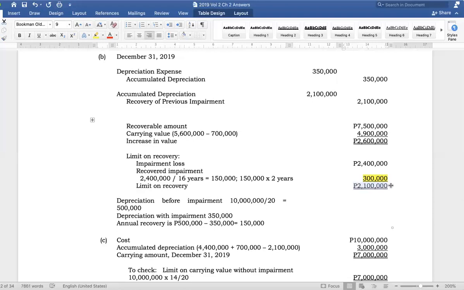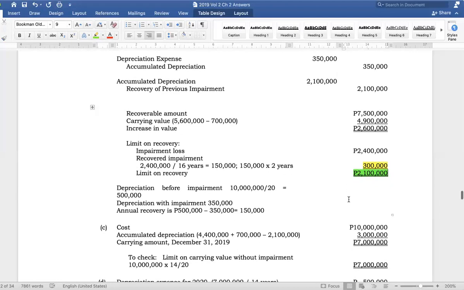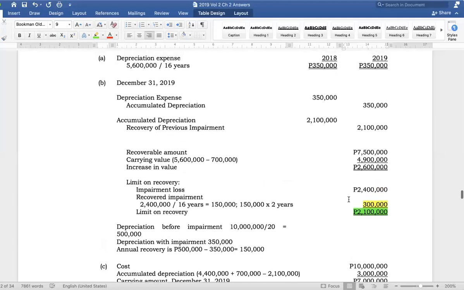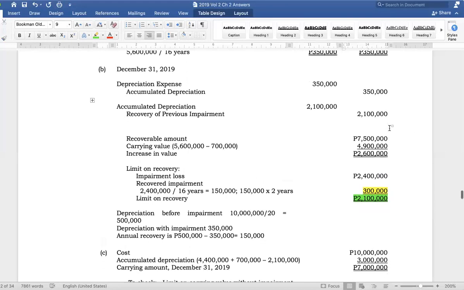Therefore, the amount that will be recorded here as recovery of impairment is 2,100,000. So our entry is to debit. So baligtad na ang entry natin. We are now decreasing the accumulated depreciation of 2,100,000 and credit an income account, credit recovery of previous impairment, 2,100,000.